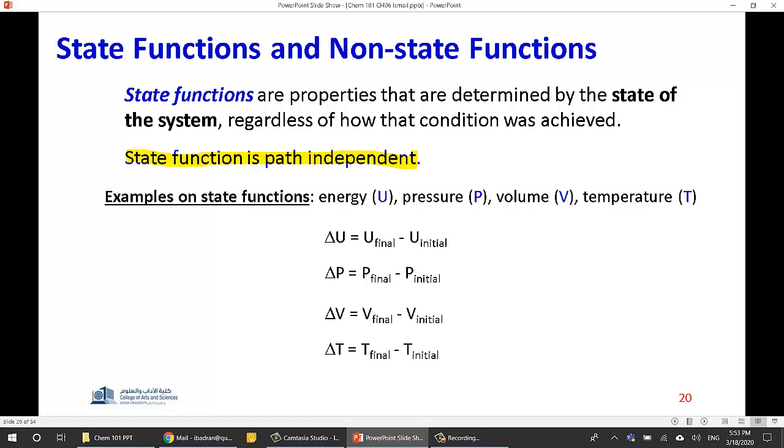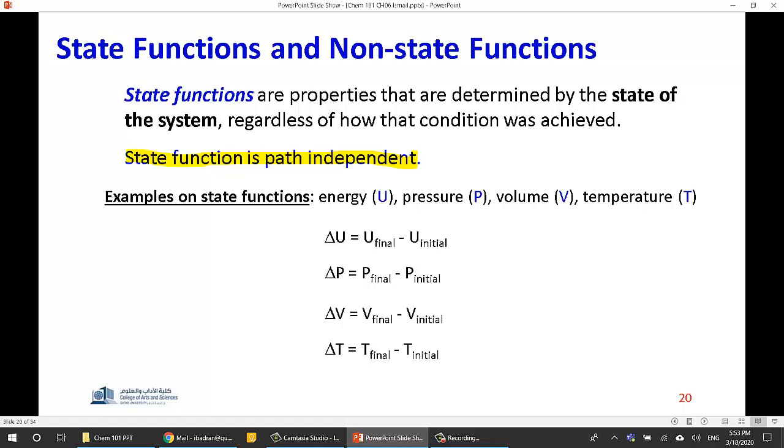So we say delta V is equal to V final minus V initial, and so on. These are all state functions, and therefore we don't care about the path it took to go from V initial to V final, or the temperature, and so on. Because this does not depend on the path, it's a state function.